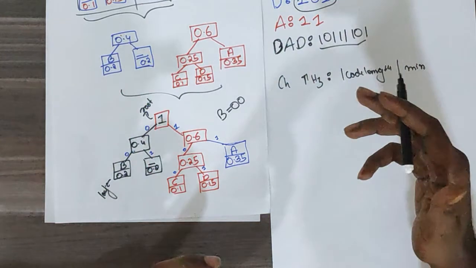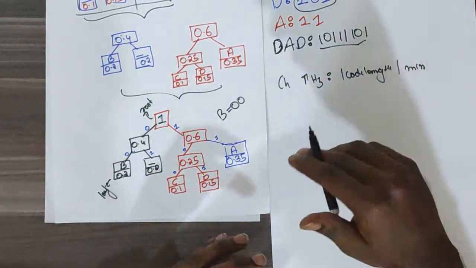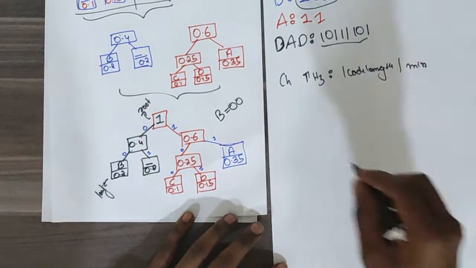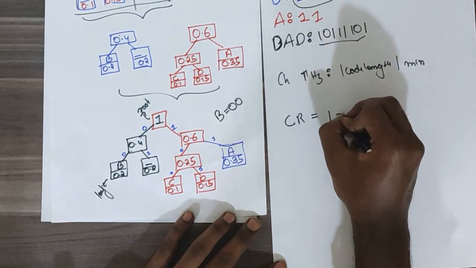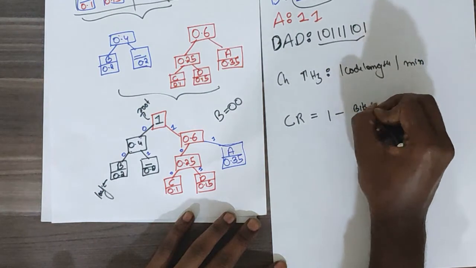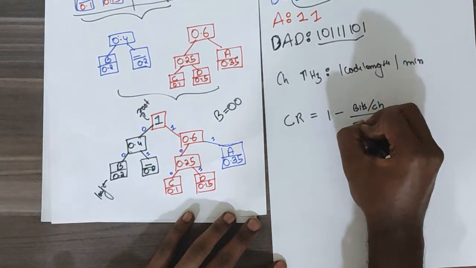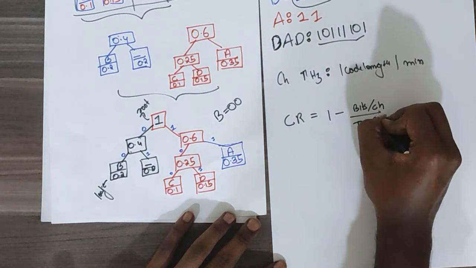So how do we get to know our compression ratio? Compression ratio is given by 1 minus bits per character divided by total number of bits.